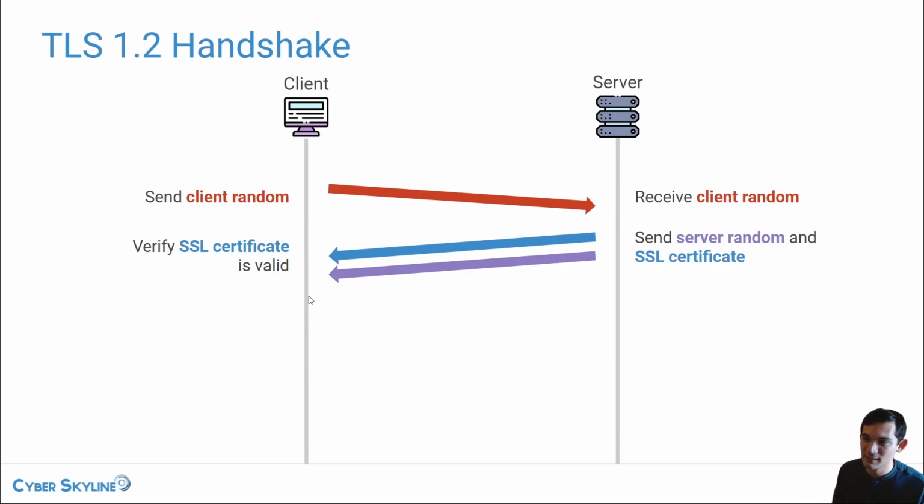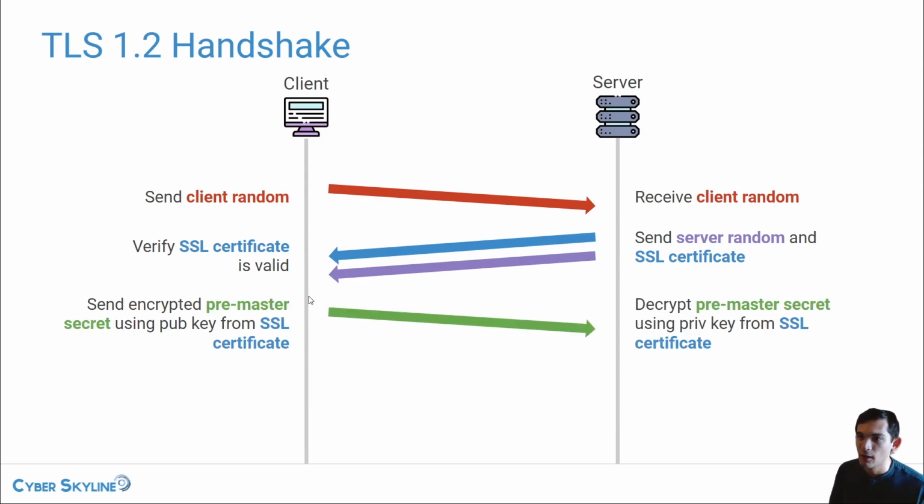So the way that this actually happens is that the client will create what is called the pre-master secret, and it will encrypt that pre-master secret using the public key from the SSL certificate. And that will get sent across the internet, and only people who have the corresponding private key from that SSL certificate's public key should be able to decrypt that pre-master secret.